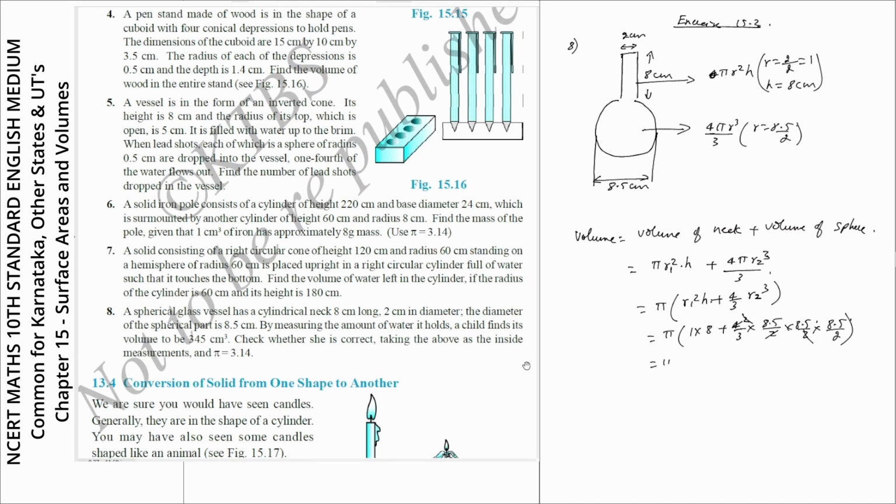Now I will be left with pi into 1 8s are 8 plus, in the numerator, 8.5 into 8.5 into 8.5 divided by 3 into 2. Now this is equal to pi into 8 plus 8.5 into 8.5 into 8.5 divided by 6.